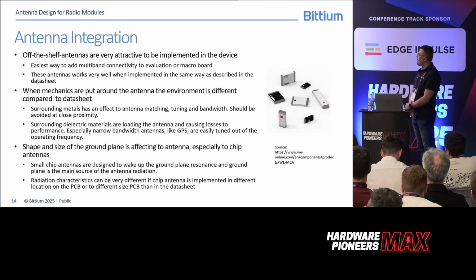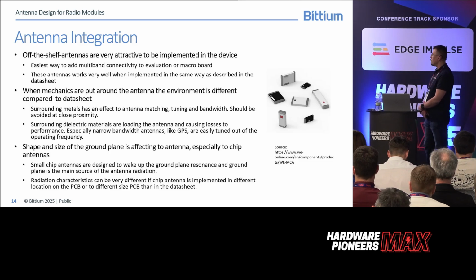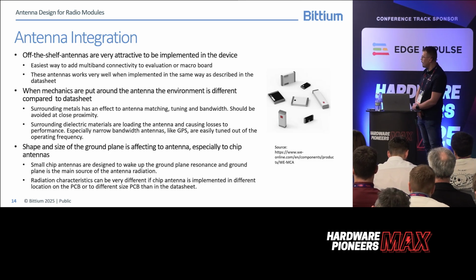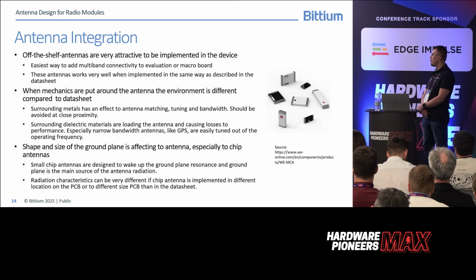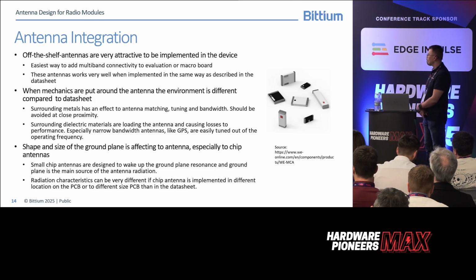So when you are putting mechanics around these antennas, the environment is different. And these surrounding metals and dielectric materials have an effect on antenna matching, tuning, and bandwidth, as we saw already with the examples of dielectric properties.